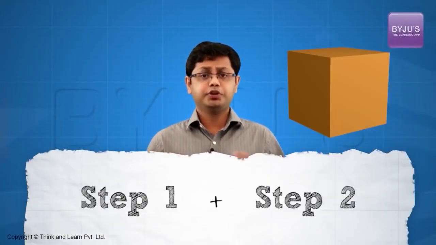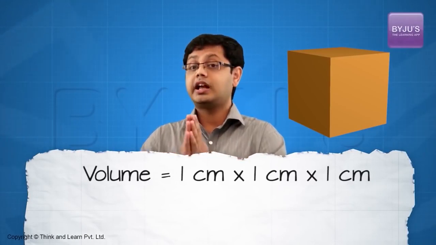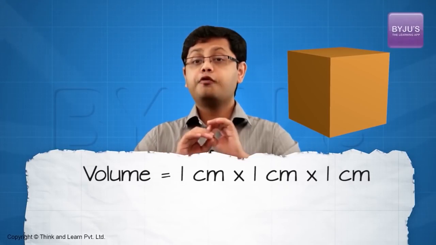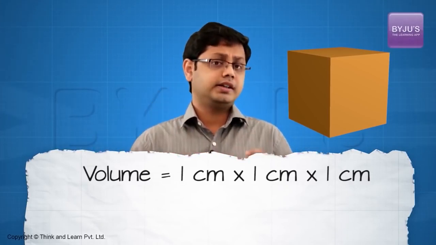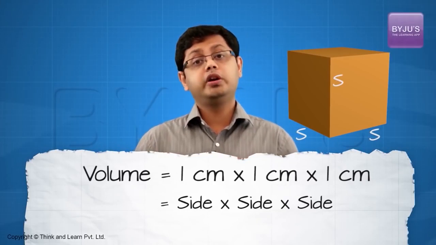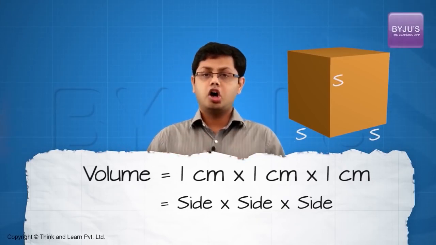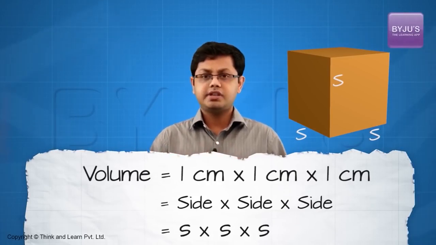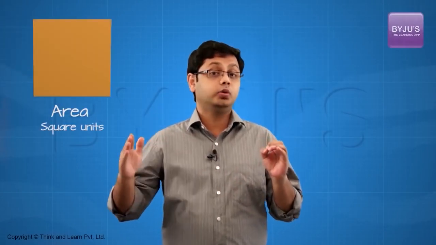If you club both the steps for the cube, you can see that the volume is equal to 1 centimeter times 1 centimeter times 1 centimeter. So, for any cube, you can use the same logic. That is, volume of the cube is going to be equivalent to side times side times side, or S times S times S. Now remember that any 2D figure had areas in terms of square units.